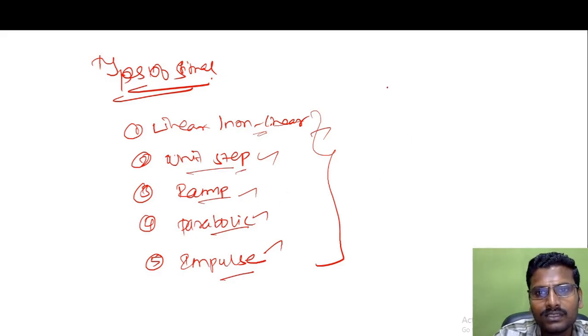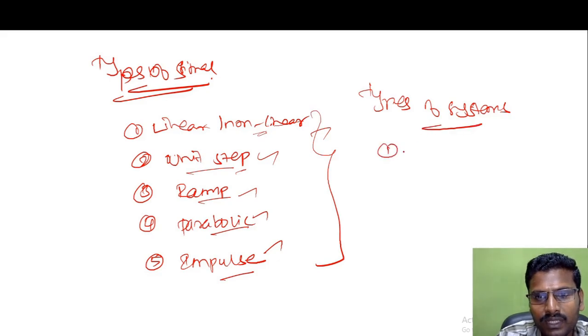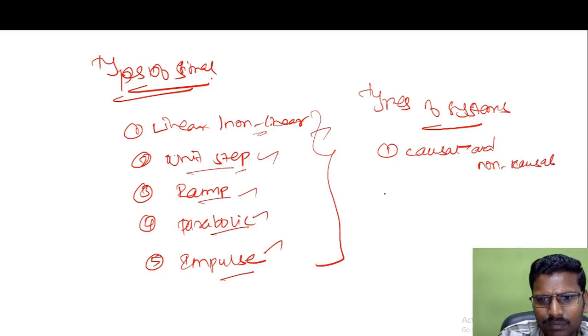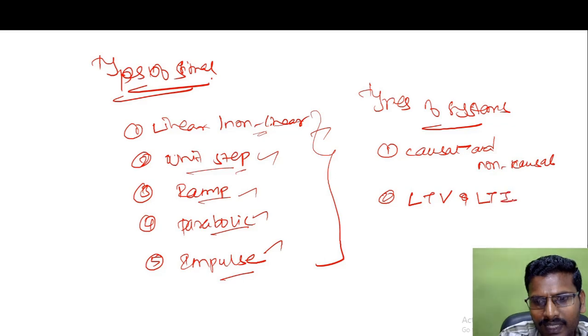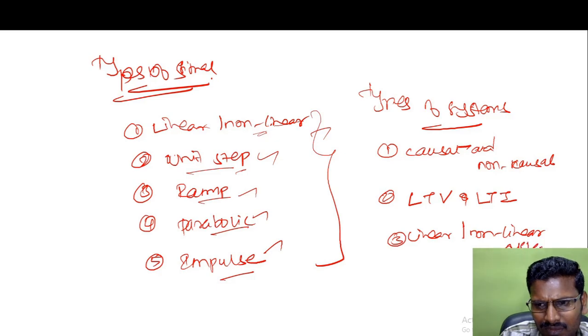Now let us go for types of systems. The first one is causal and non-causal systems. Second one, linear time variant and linear time invariant systems. Next one, linear and non-linear systems.